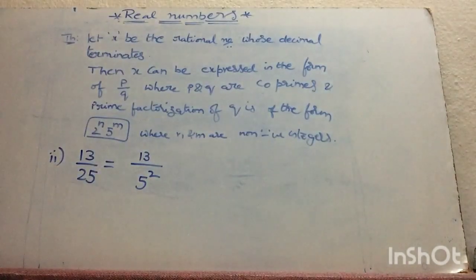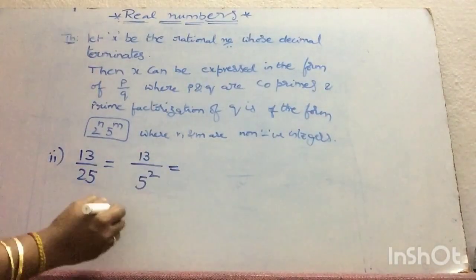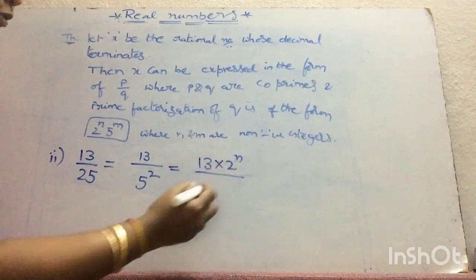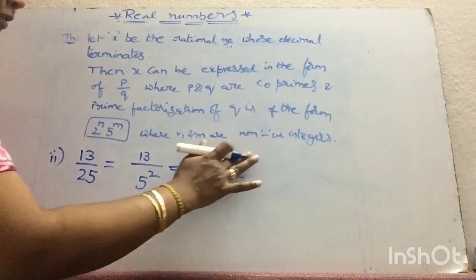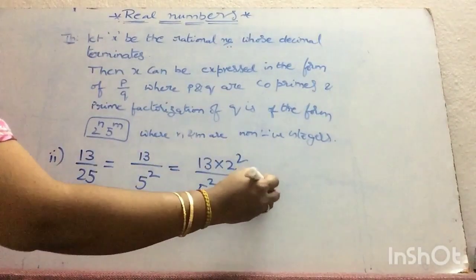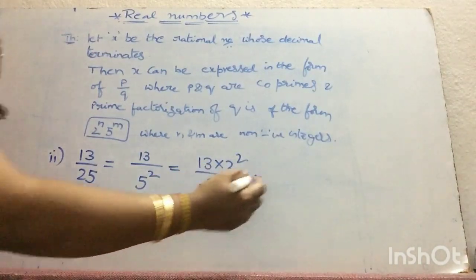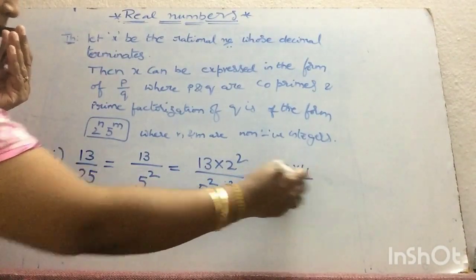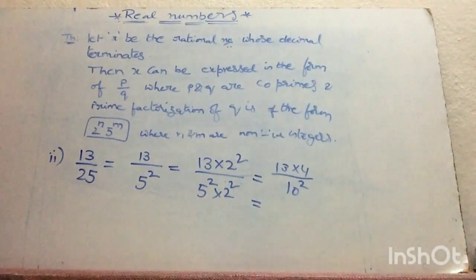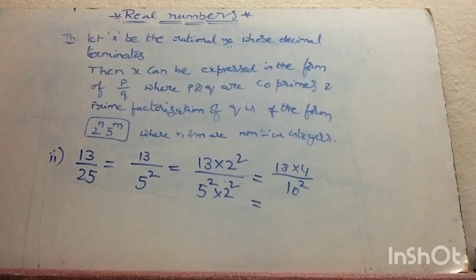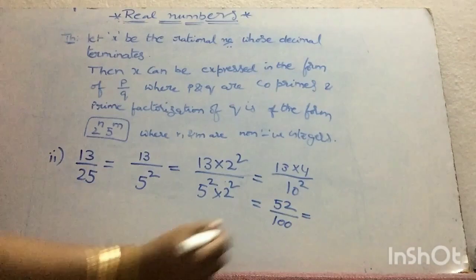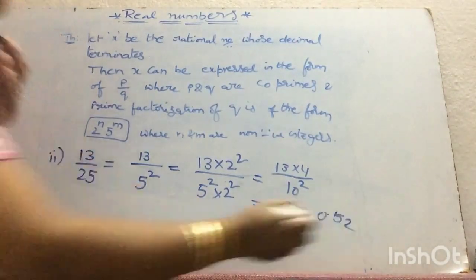Here also 2 is not there, that's why we multiply both numerator and denominator by 2 square. Then we will get 13 into 4 by 10 square, that is equal to 52 by 100, that is equal to 0.52.